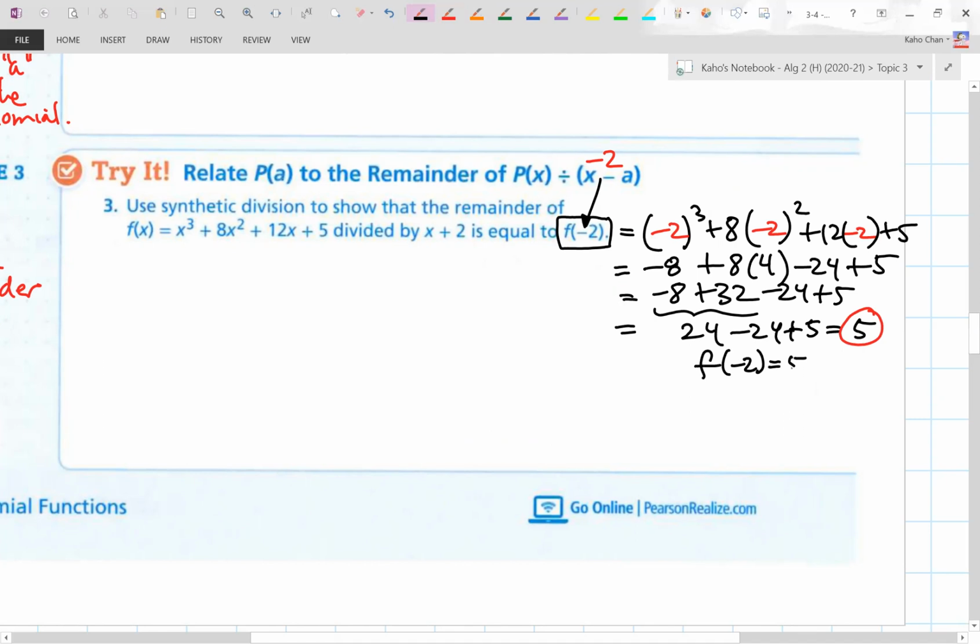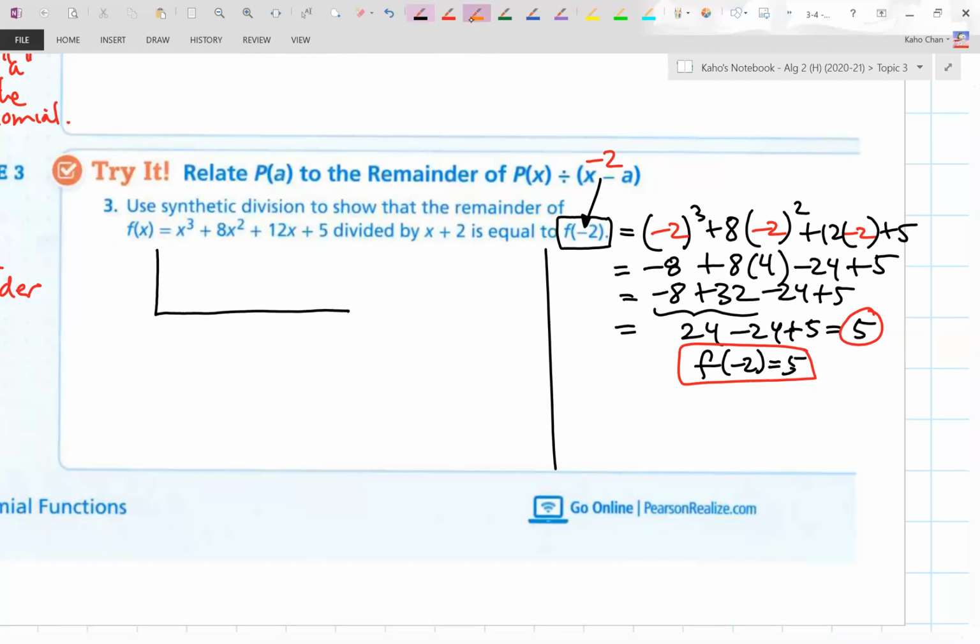Okay, we're going to now do synthetic division separately and see what we get. Here we go. Draw your L. Write down the coefficients: 1 for x cubed, 8 for x squared, 12 for x, and 5 the constant.